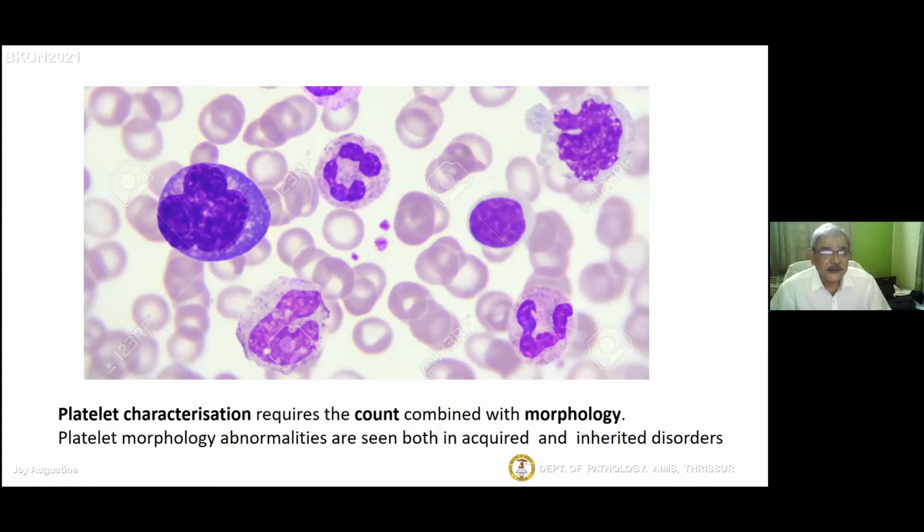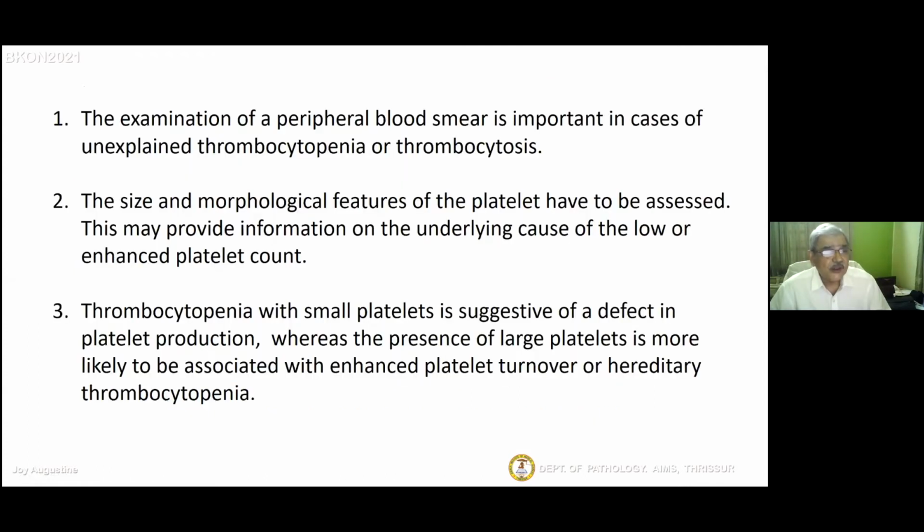And we'll go on to see what is the most important thing. Examination of the peripheral blood smear is important in cases of unexplained thrombocytopenia or thrombocytosis. Now, it's a debatable question regarding mandatory examination of the blood smear.